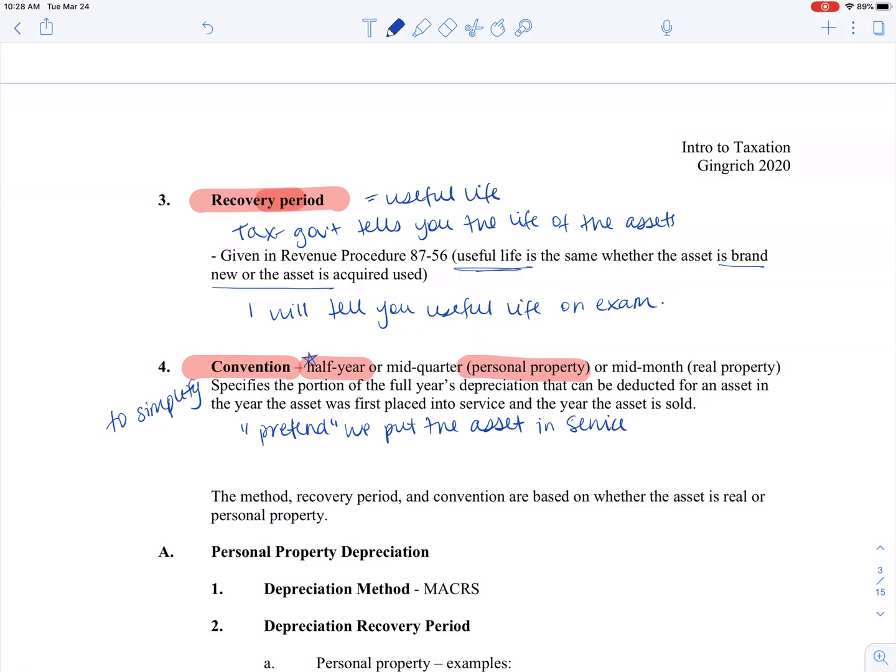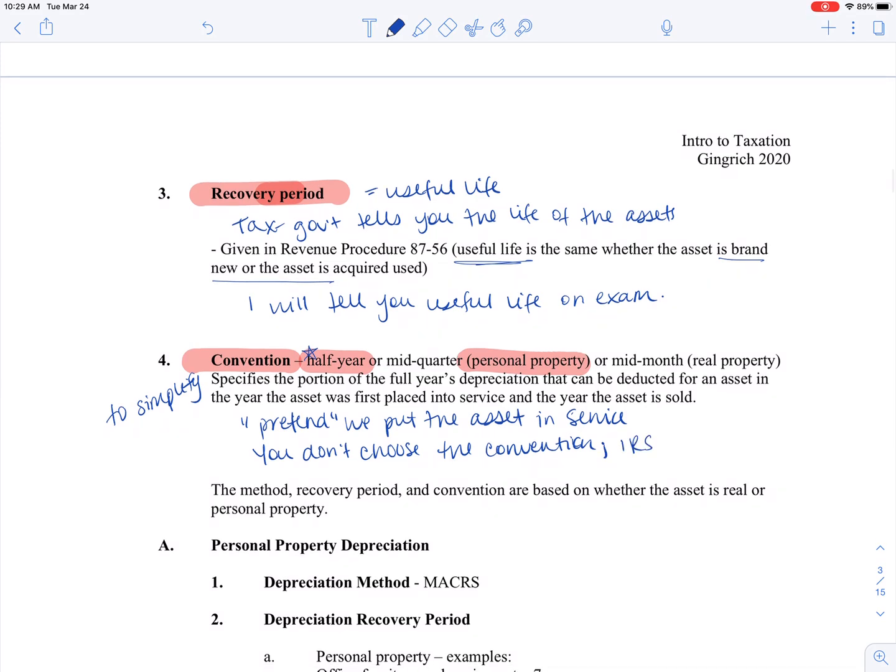So if we're using half year, we pretend that we're putting the asset in service on July 1st, right halfway through the year. And so that first year, we would take a half of a year of depreciation. You do not choose your convention. The tax law tells you which convention to use.